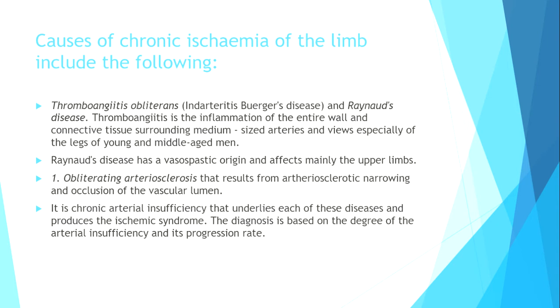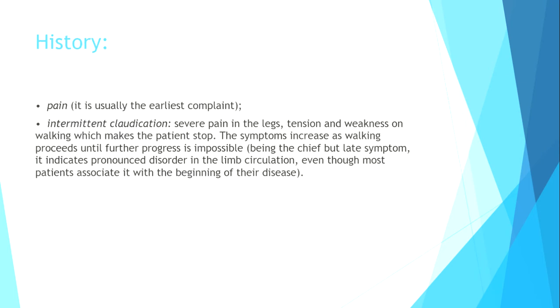The diagnosis is based on the degree of the arterial insufficiency and its progression rate. Taking history: pain is usually the earliest complaint. Intermittent claudication is severe pain in the legs, tension and weakness on walking which makes the patient stop.